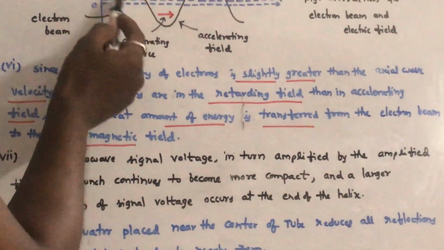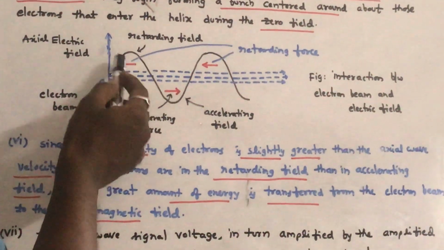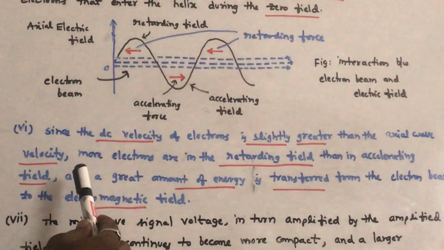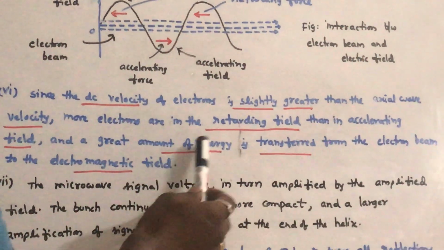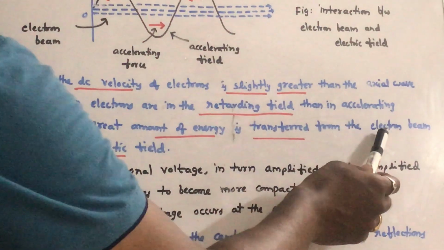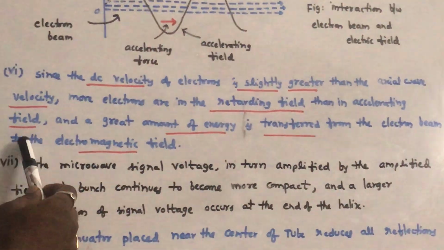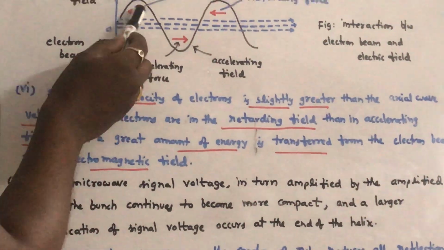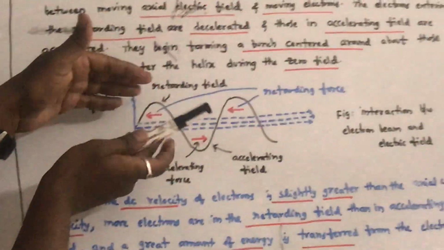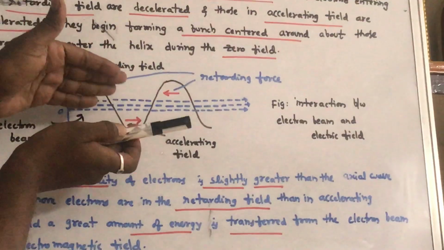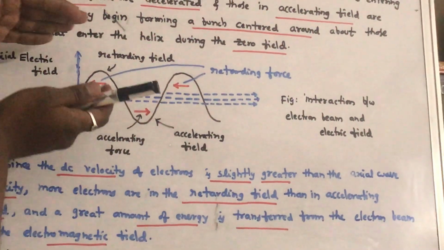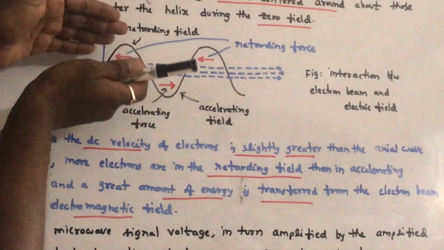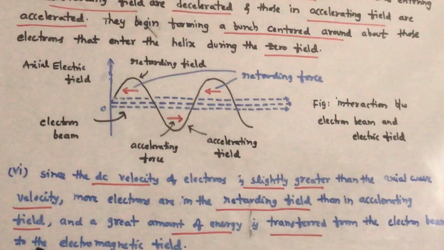Therefore more electrons will fall into the retarding field compared to the accelerating field. As a result, a greater amount of energy is transferred from the electron beam to the electromagnetic field. These electrons falling into the retarding field transfer their energy to the axial electric field.